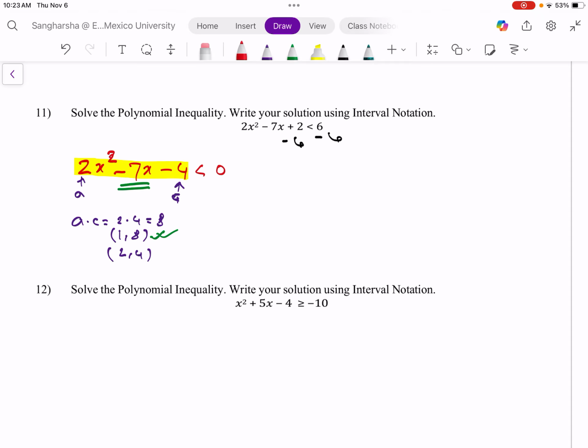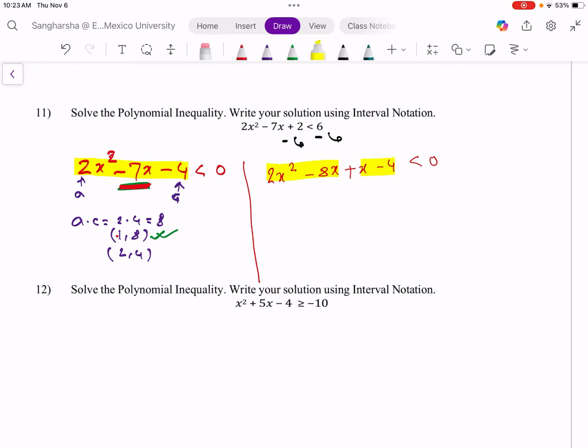So our inequality looks like now 2x squared as it is. Now we rewrite negative 7x using these two numbers. So negative 7x is the same as negative 8x plus x, minus 4 as it is, less than 0 as it is. So we have 4 terms. Let's make a pair of the first two terms, and a pair of the last two terms.